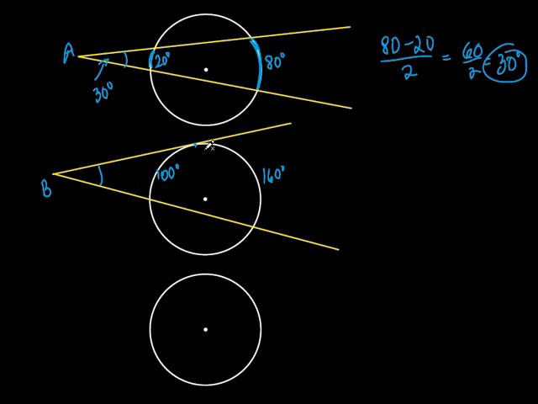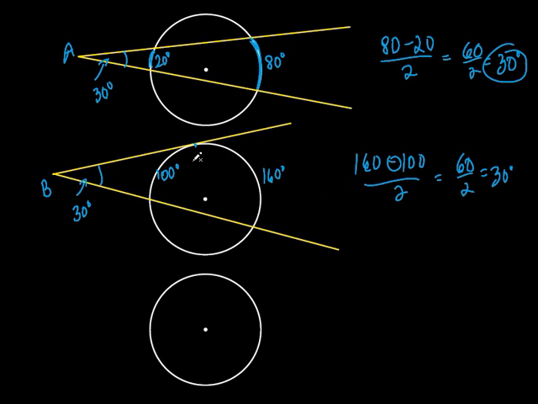So if I wanted to find this angle B, I take the two arcs that it cuts off, 160 and 100, and I do the exact same math. So I go 160 minus 100, again minus, and so what's that? 60 over 2, and that would be 30. I don't know why I got the same answer. I'm just making these numbers up. But this would also be 30 degrees. There was no rhyme or reason for that.